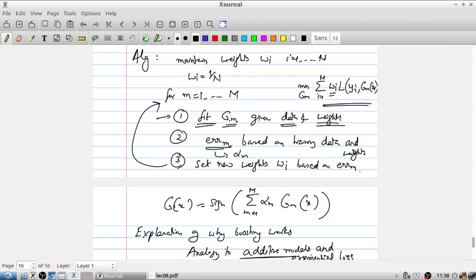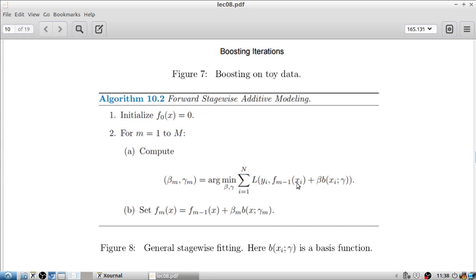In Adaboost, this step is not explicitly talking about the previous models you have figured out so far, but it is implicitly capturing their effect through weights. That's the non-triviality. In forward stage-wise additive modeling, there is an explicit capturing of the previous models through f m minus 1, which is the models I've already considered and put in my final solution so far. That's the difference.